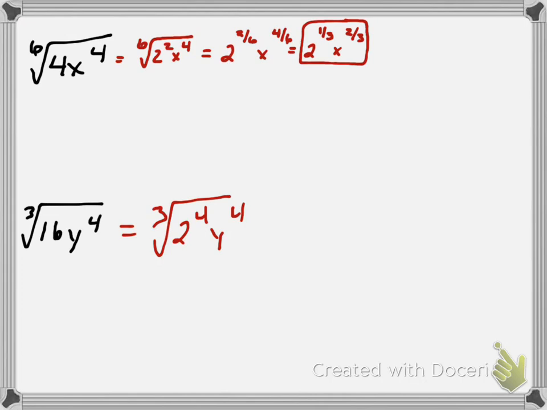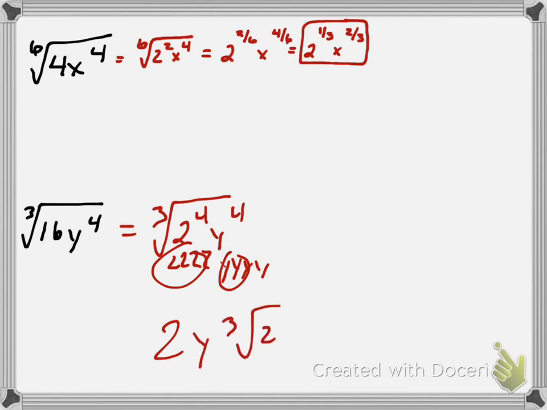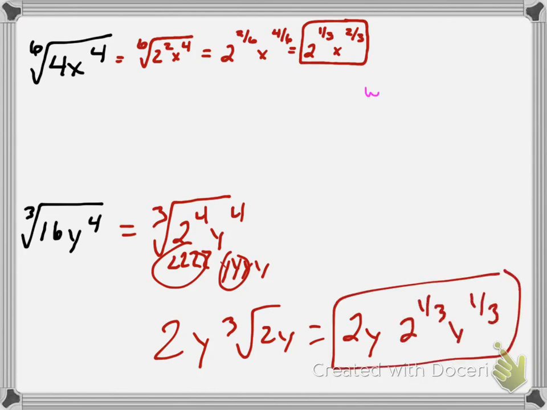But what you should have noticed is you actually have enough here to circle 3 of a kind and take them out. 2y cube root of 2y, and then if you were going to write that using rational exponents, you would just write 2 to the 1/3, y to the 1/3 with the 2y on the outside.